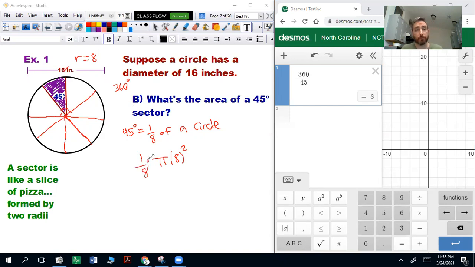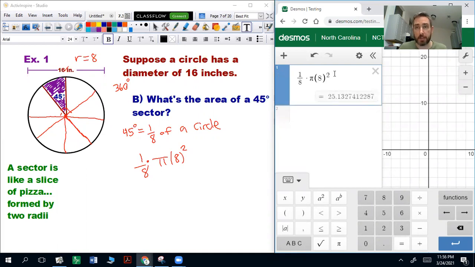Does that make sense? So 45, 1/8 of a circle. So we can write that in terms of pi and as a decimal. What I would do is you can do 1 divided by 8, and then multiply that by pi, parentheses, 8 squared.